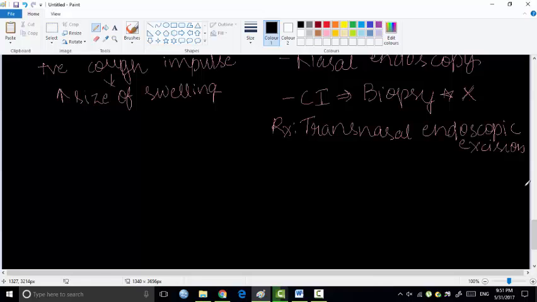First you do transnasal endoscopic excision, which is the treatment of choice. What is excision? Removal of the brain tissue. So you remove the whole brain tissue which has come into the nasal cavity, and then you have to seal the defect, or else it would be recurring.